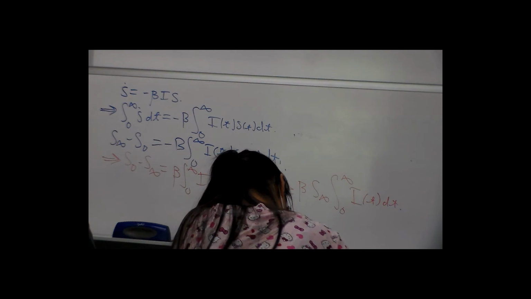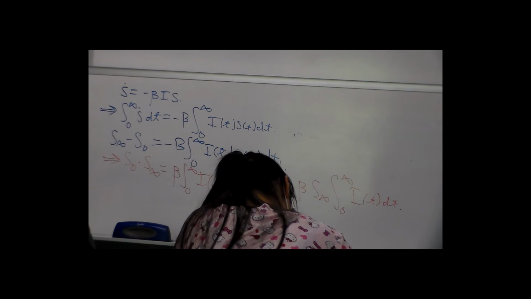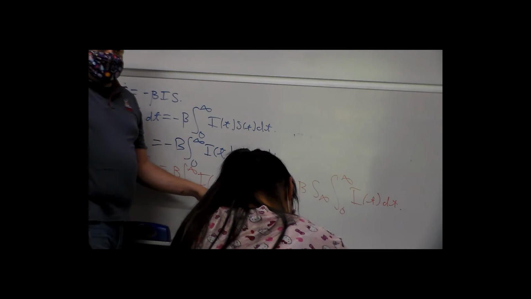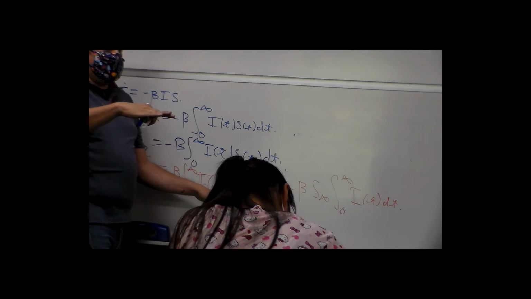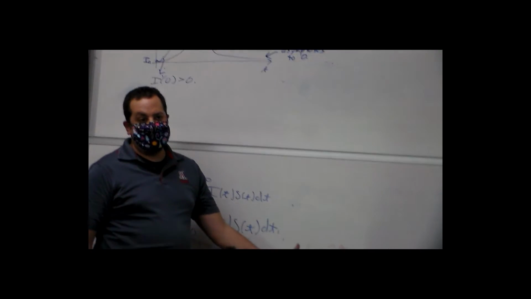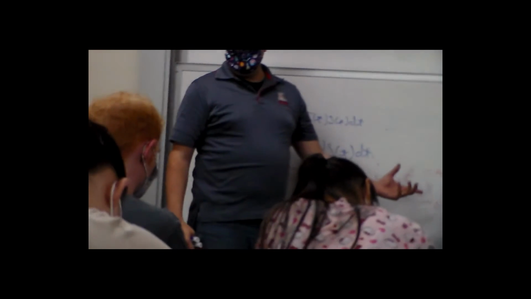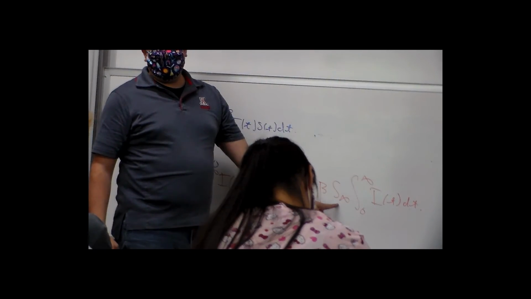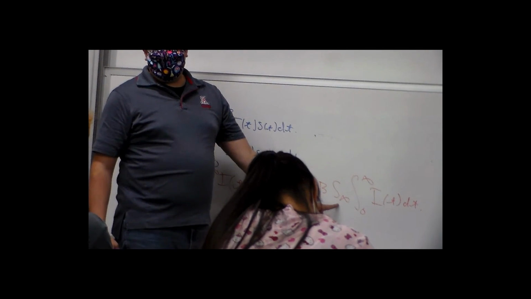Since S always goes down, S infinity has to be less than S. Good, excellent. So I know this S of t is a monotonically decreasing function, and S infinity was its asymptote. So inside the integral, I can replace that with an S infinity as long as I say this is greater than. So this is a true statement. And then this is just a constant, so I pulled it out of the integral. Is that okay?